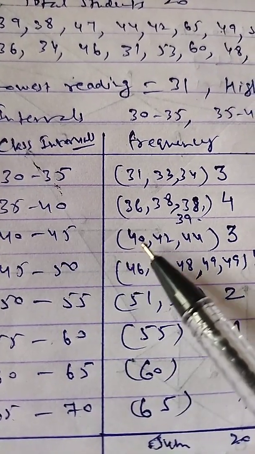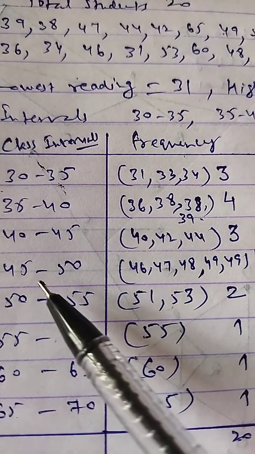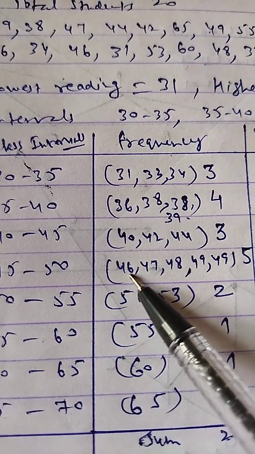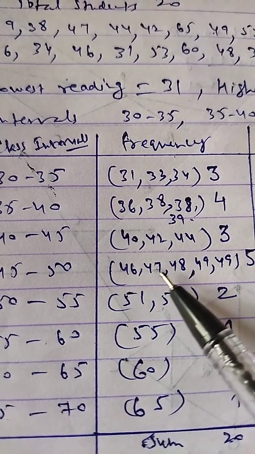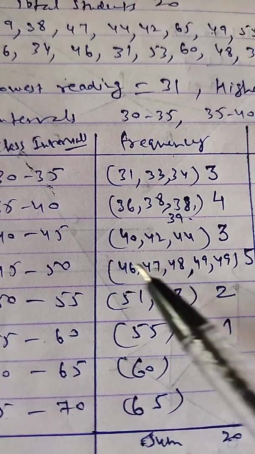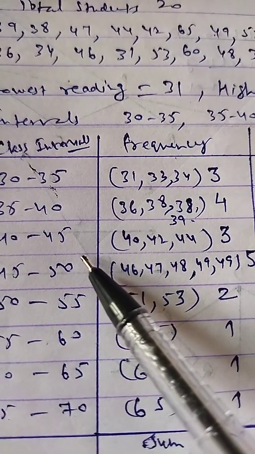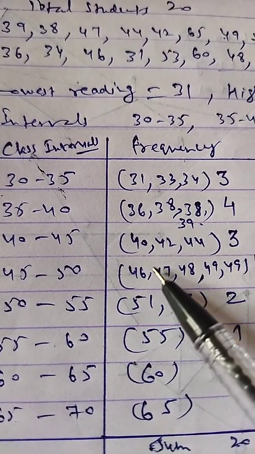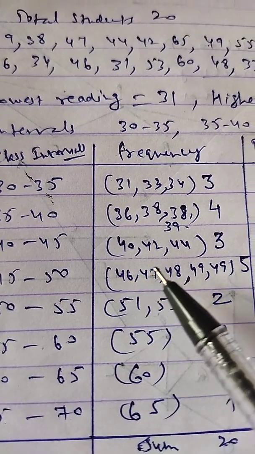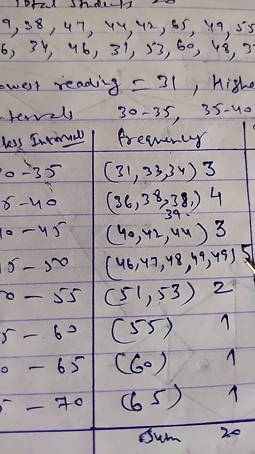40 to 45: 40, 42, 44, so 3. 45 to 50: the readings are 46, 47, 48, 49, 49. It means less than 50 I have to count, and 45 will also be a part of this, if it is there. So 5 are there, so the frequency will be 5.